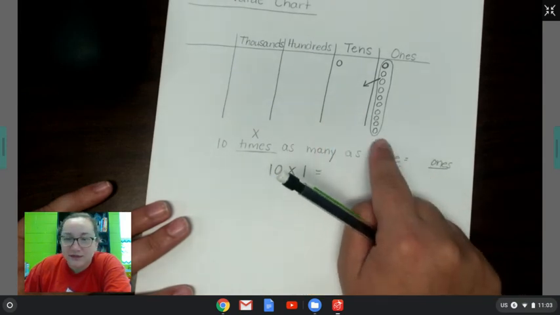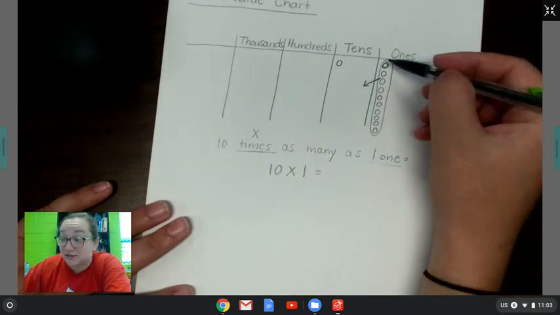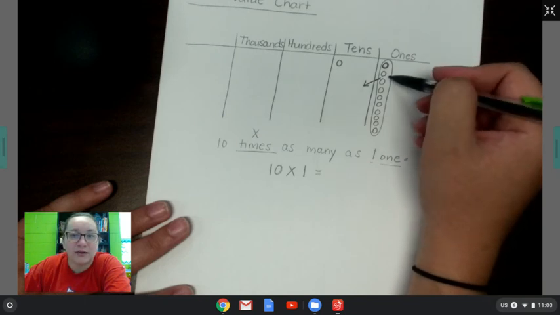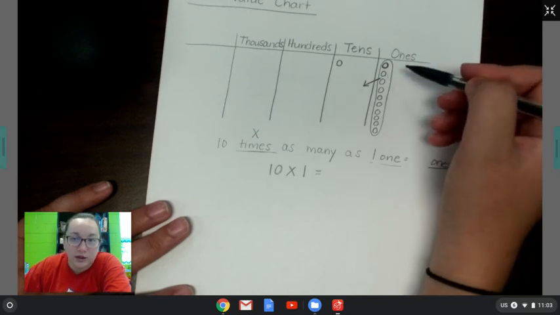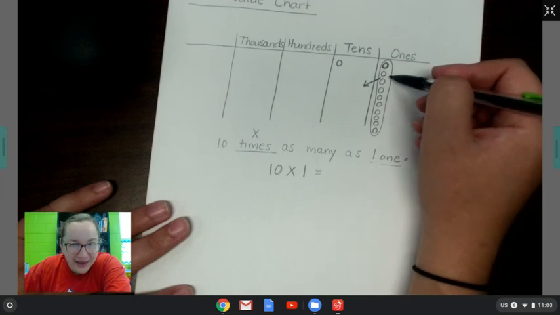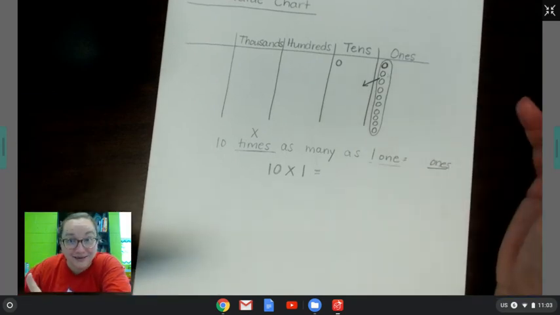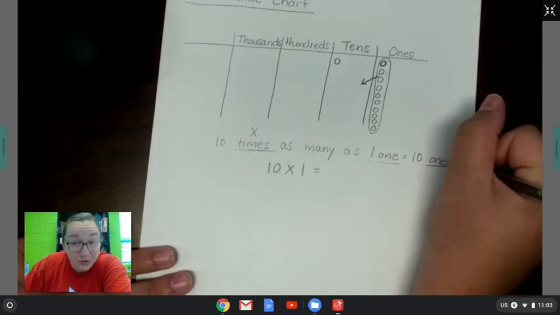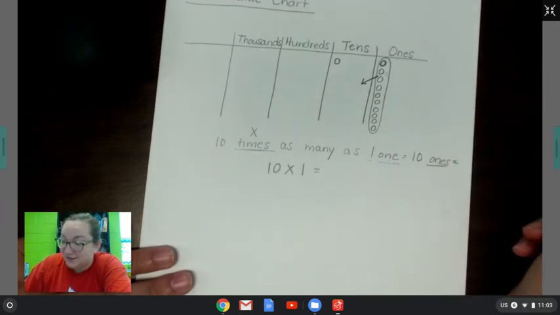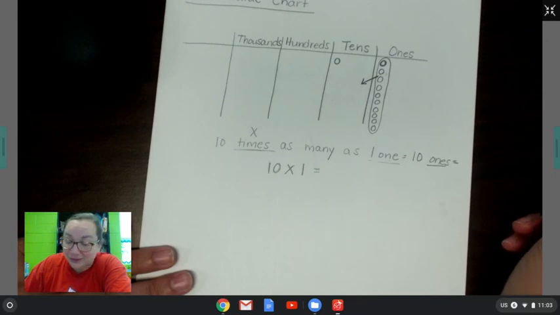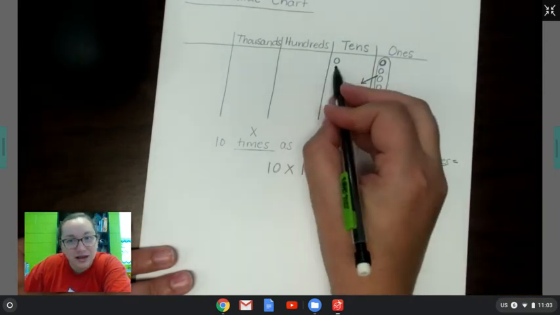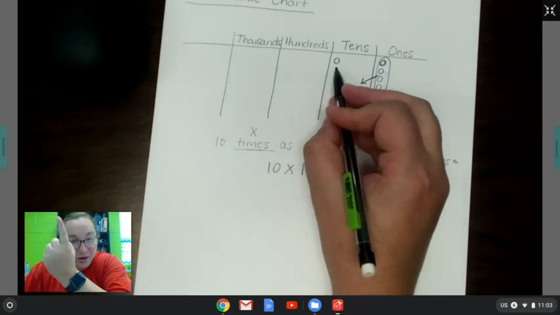Well, something that you need to understand is Zearn's going to make you go back and see how many you have in your ones column. Well, in the ones column, how many do we have? 10. So we're going to put 10 ones, which also equals, and it's crazy, we keep going on, 10 ones also equals how many tens? 1.